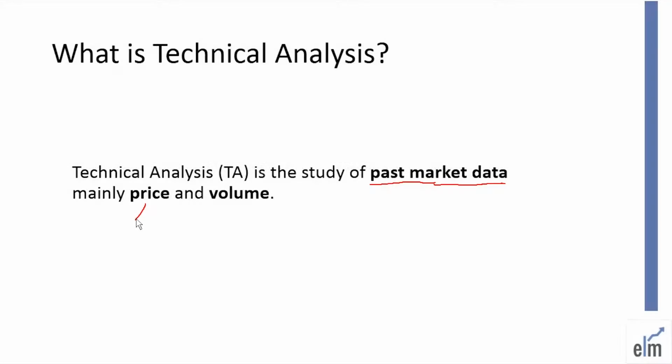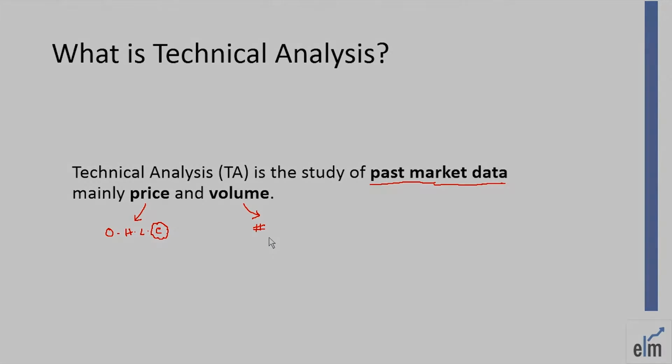So that was past market data, and as we saw, it has two main components, price and volume. Price is made up of open, high, low, and close, of which close is the most important price point. Volume, as we said, is the number of shares exchanged hands.